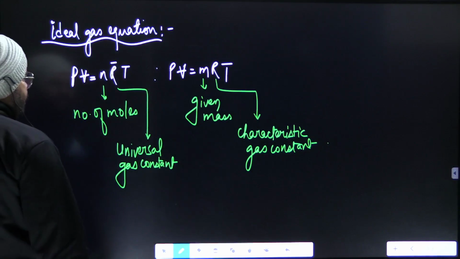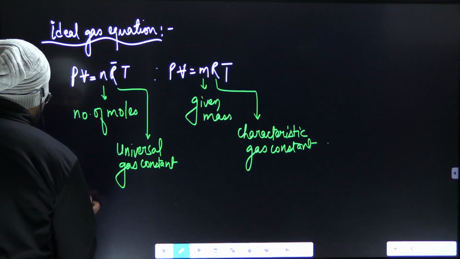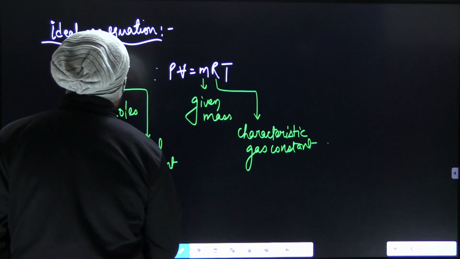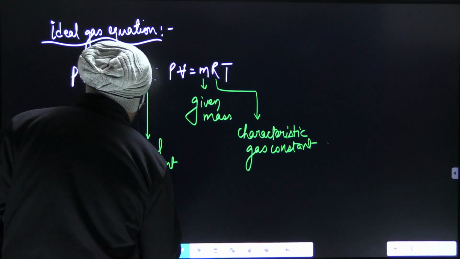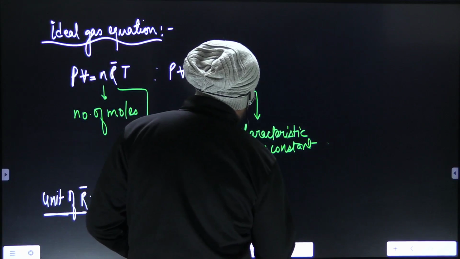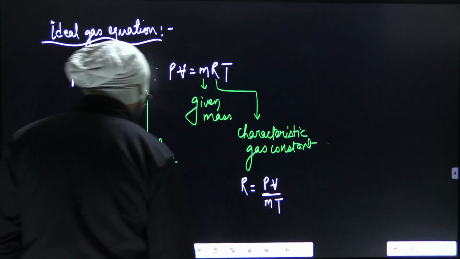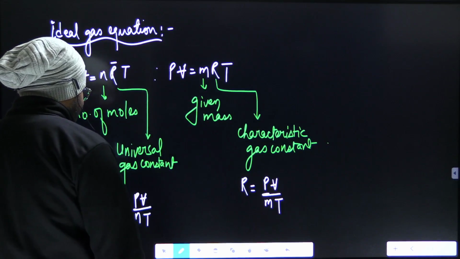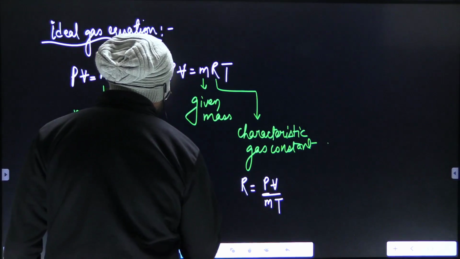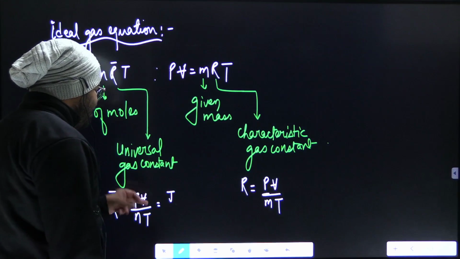Now, please pay attention to the unit of R bar. We can derive the unit for R bar. R bar is PV upon nT. What is R over here? PV upon mT. Please pay attention. PV is joule or kilojoule. If P is in kilopascal, this PV will be in kilojoule.